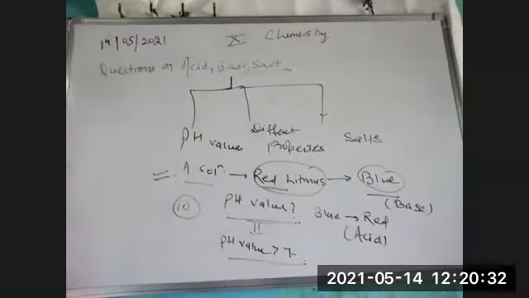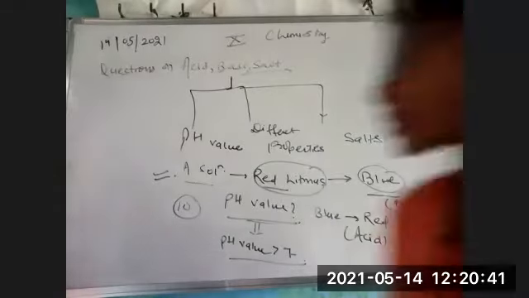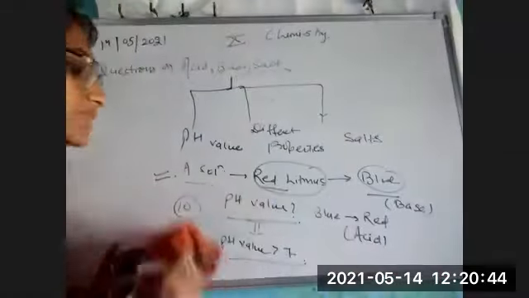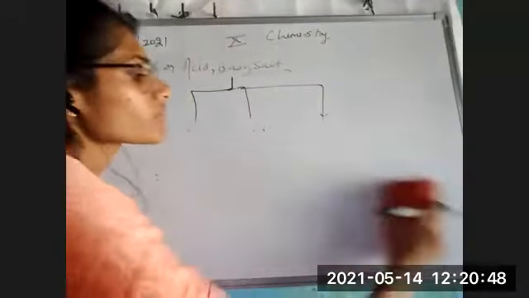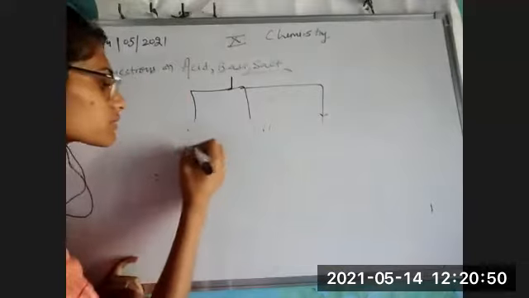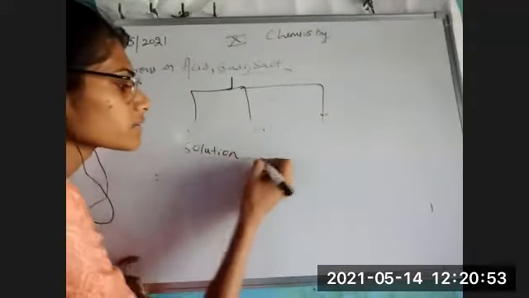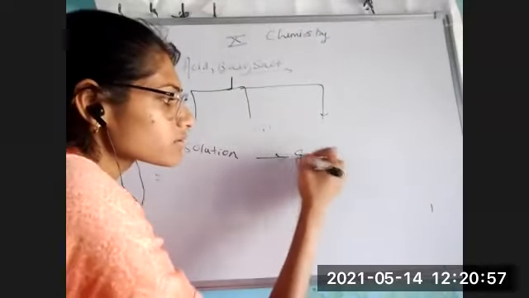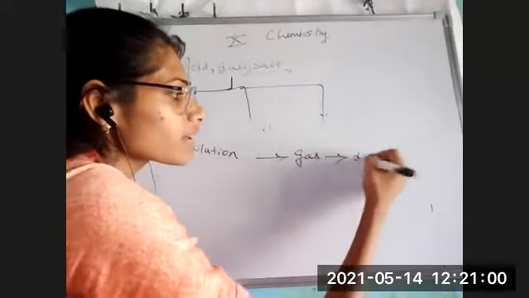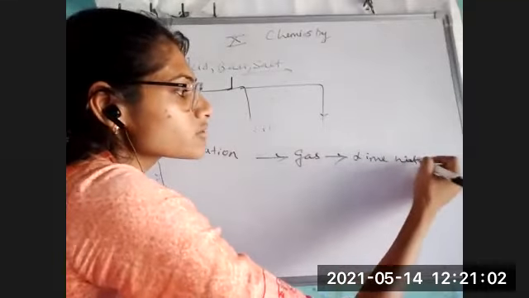Now let's go to the second question, that is, a solution reacts with eggshell to give a gas that turns lime water milky. The question says we have taken the HCl solution, and the solution is releasing a gas which is converting lime water to milkiness.